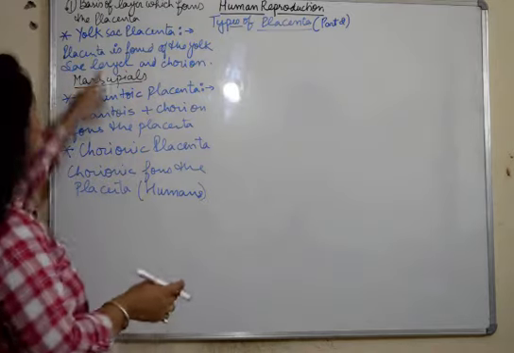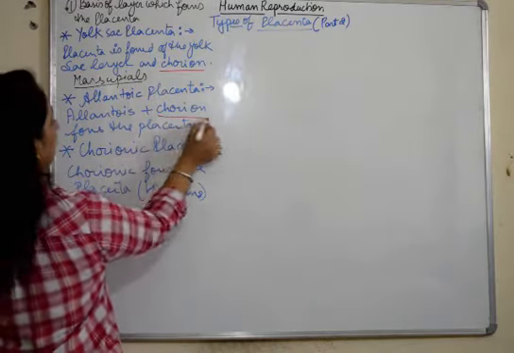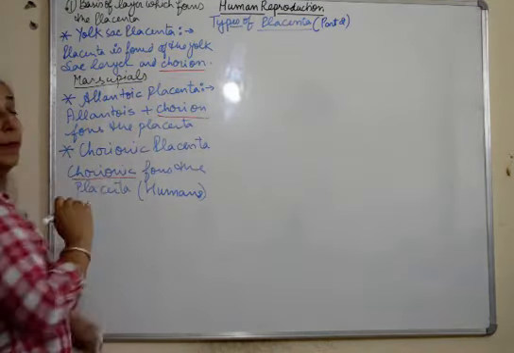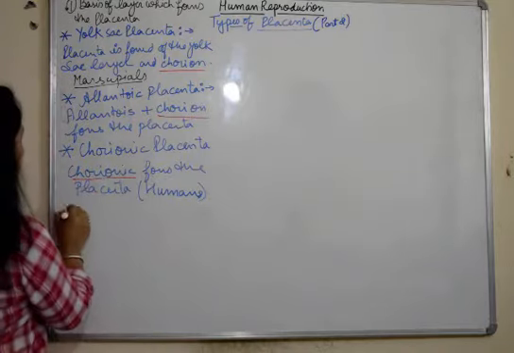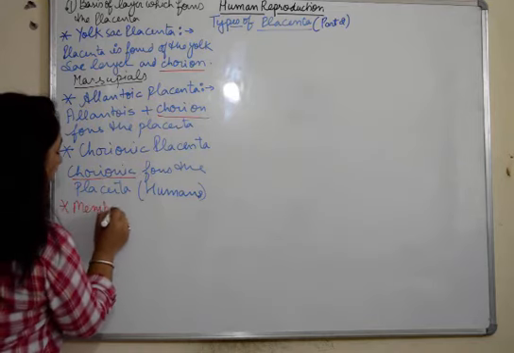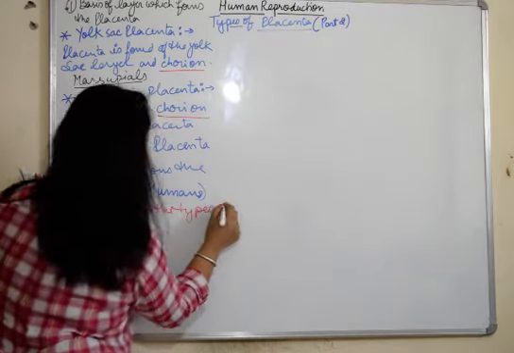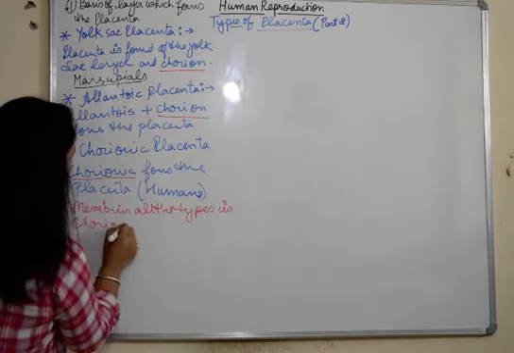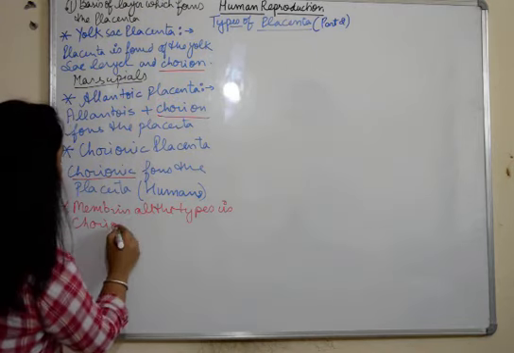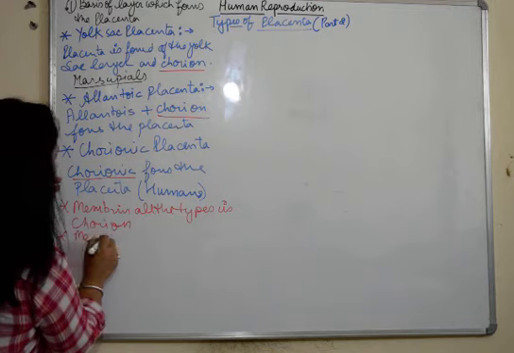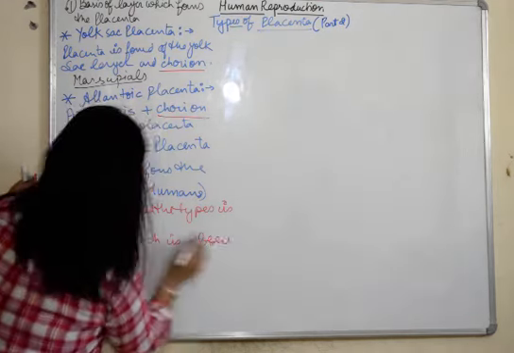You must have noticed one thing here, that chorion is a common feature in every type of placenta. So the membrane or the layer which is there in all the types is chorion, out of the different types of membranes, and the membrane which is absent is amnion.